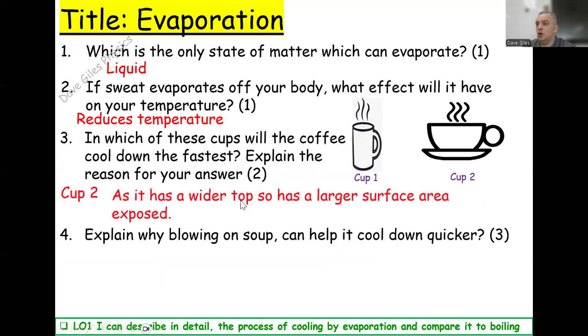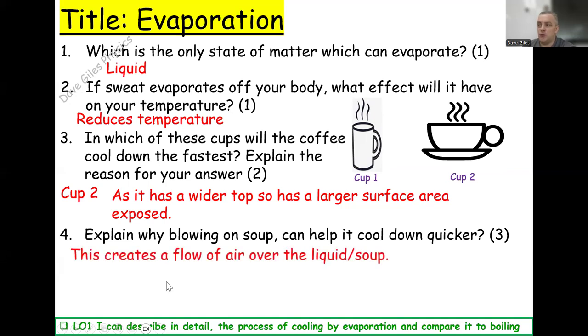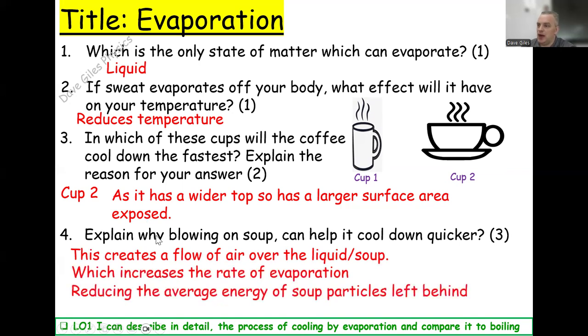Cup 2, because it's got a wider top, so a larger surface area exposed. And explain why blowing on soup can help it cool down quicker. This creates a flow of air over the liquid or soup, which increases the rate of evaporation, reducing the average energy of the soup particles left behind.